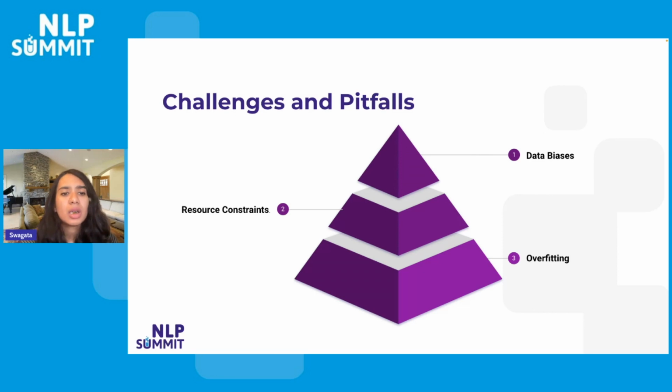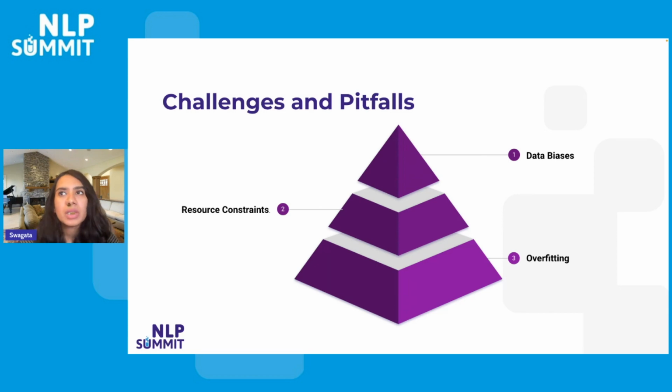The last challenge or pitfall is resource constraint. When we are fine tuning models like GPT-3 or GPT-4, of course, these are extremely big models and they require substantial computational resources and memory. These resources can sometimes be very expensive and limit the ability to fine tune the models adequately.